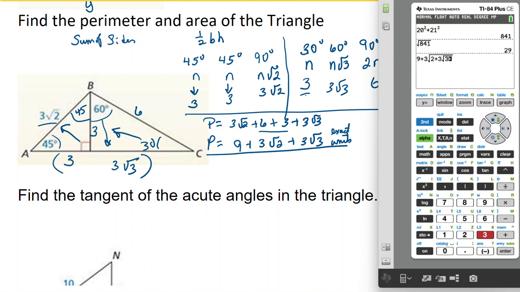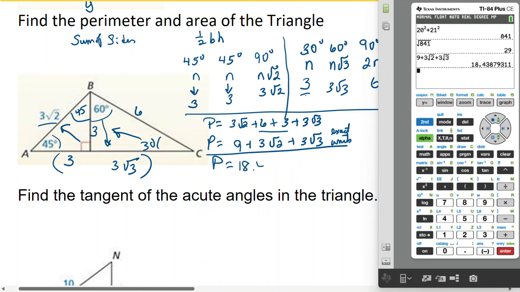Oops, there I made a mistake. Let me clear it again. I forgot to move it out so it gets out of the parentheses. Plus 3 square roots of 2, plus 3 square roots of 3, and enter. And I have approximately 18.4 units.